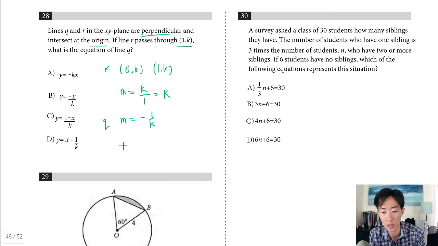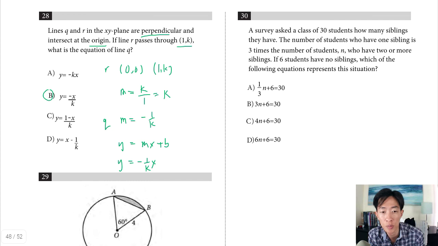And thinking back to y equals mx plus b form, what's nice here is that the y-intercept is going to be 0 because it passes through the origin. So the equation is simply going to be y equals negative 1 over k x plus 0. And so that leaves us with choice B.